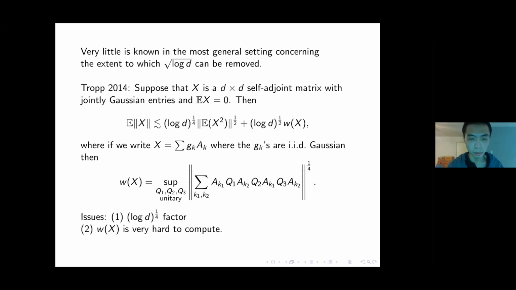What Tropp did was he computed this for Wigner matrices, but beyond Wigner matrices, almost all the time it's very hard to compute this quantity. Even for Wigner matrices, it takes quite some computation to calculate this thing. For general matrices, this is very hard to compute.